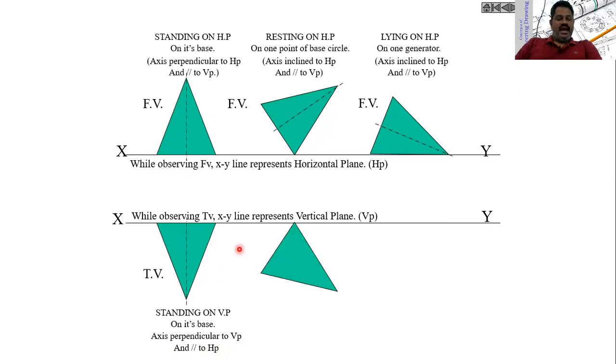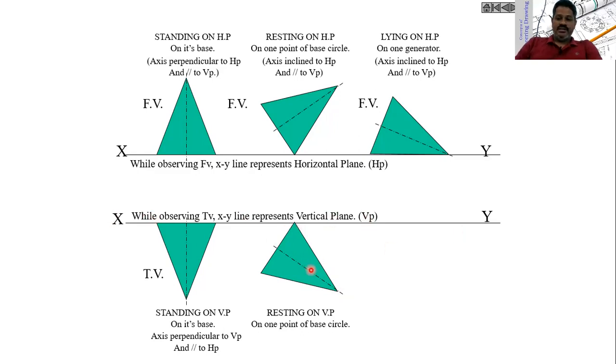Then the axis of the cone is making some angle with the vertical plane and one of the points of the base is lying on VP. Then the top view of the cone looks like this. As you can see, the axis is making some angle with VP and one of the points of the base is touching or lying on VP.